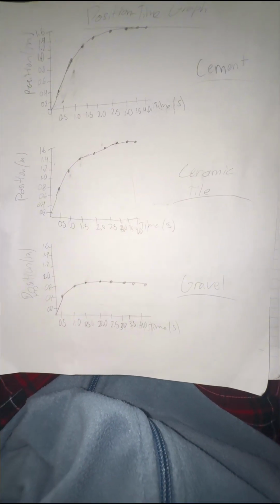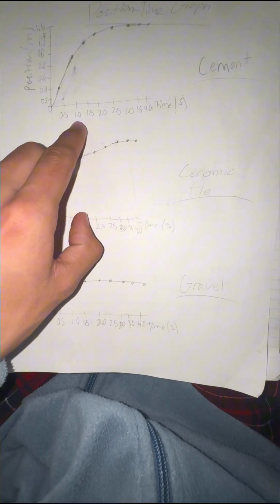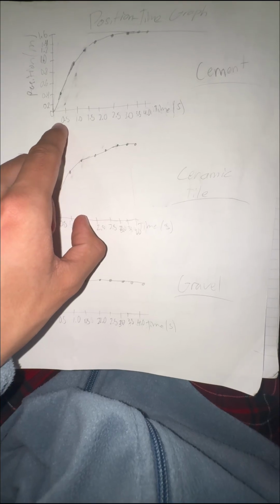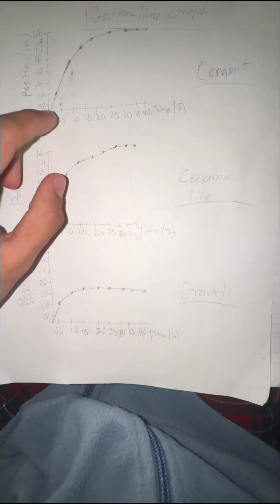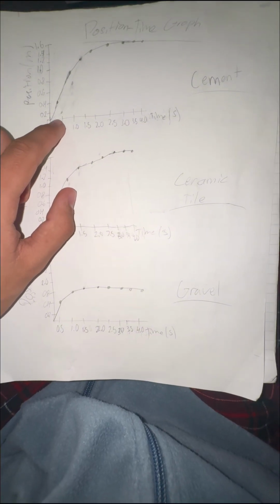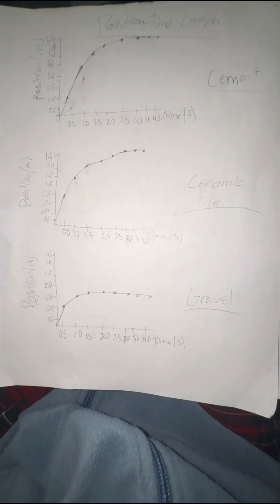As with all surfaces, since it was on a ramp, obviously the car had the most speed in the beginning, from 0 to 0.5 seconds in mostly all of them. For cement, you could see here that its position in meters kept increasing as it went along, until 3 seconds, where it reached its stopping point and stayed constant at 1.58 meters.